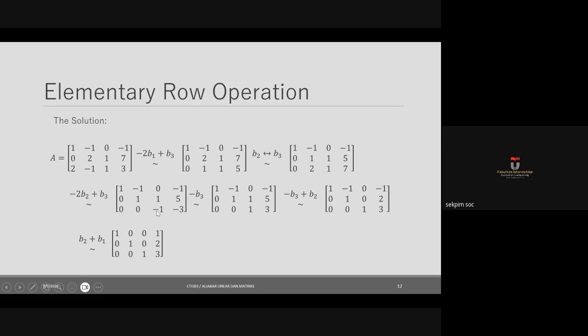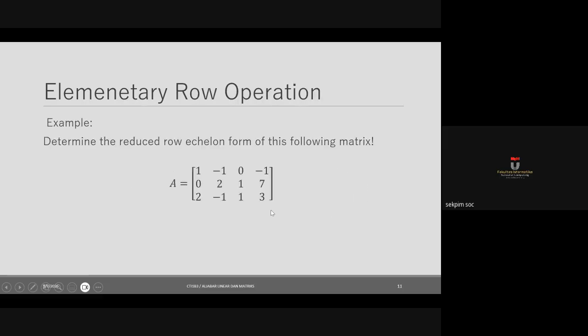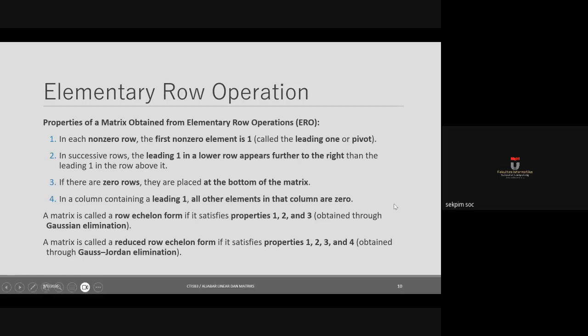So we just need to change the third row, where -1 becomes 1, and minus of -3 is 3, right? So this is what we call the row echelon form.